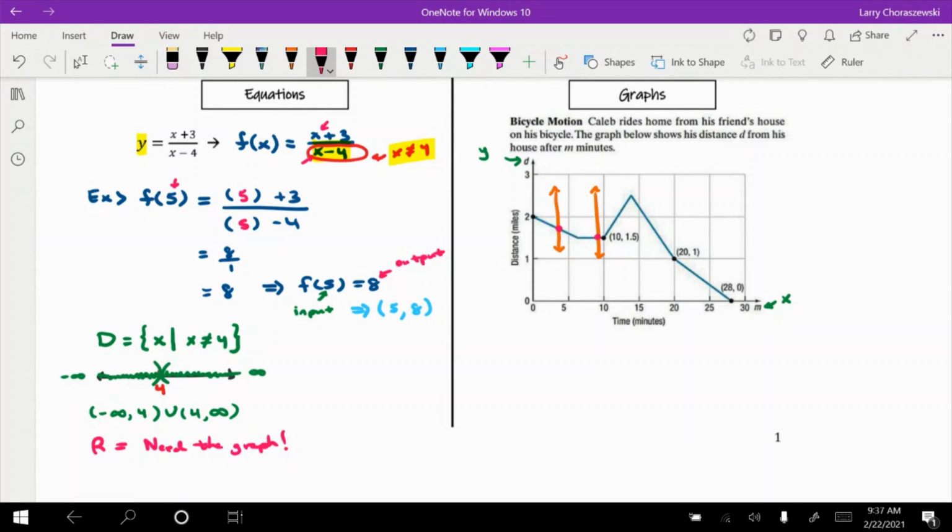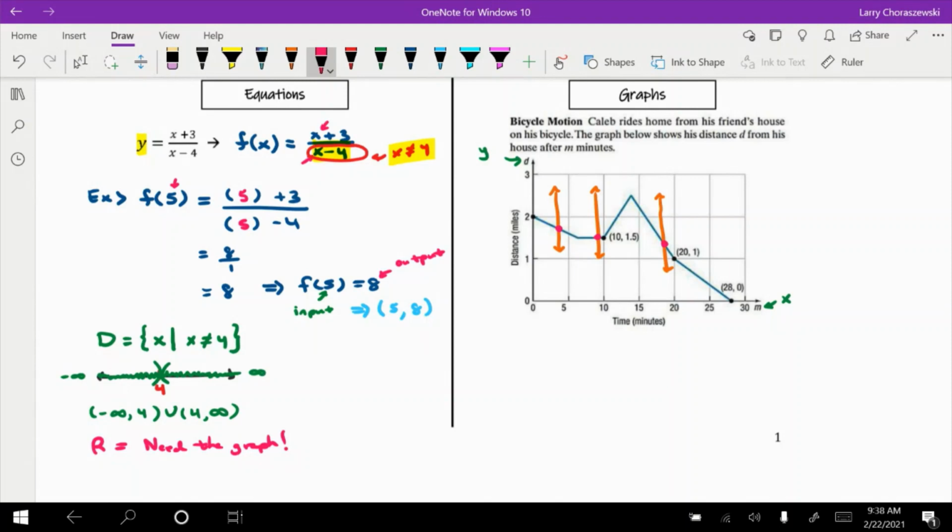Do you think this will always be the case, that we draw a vertical line and it crosses the graph in only one spot? Well, actually, yeah, anywhere you draw a vertical line through the graph, it's only going to cross the graph in one spot.